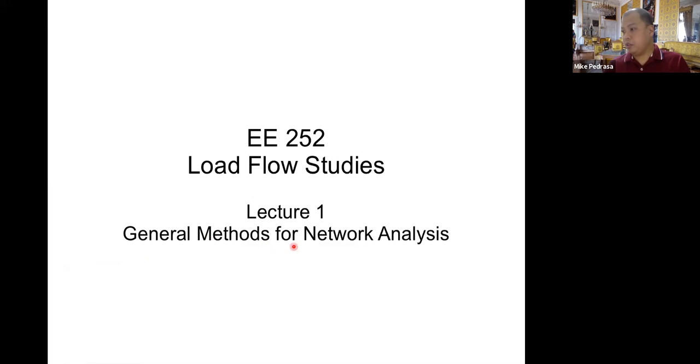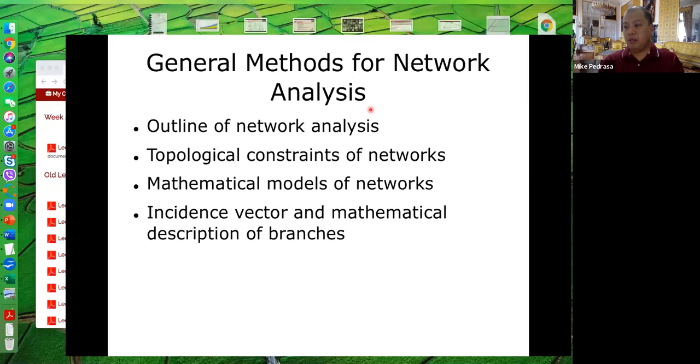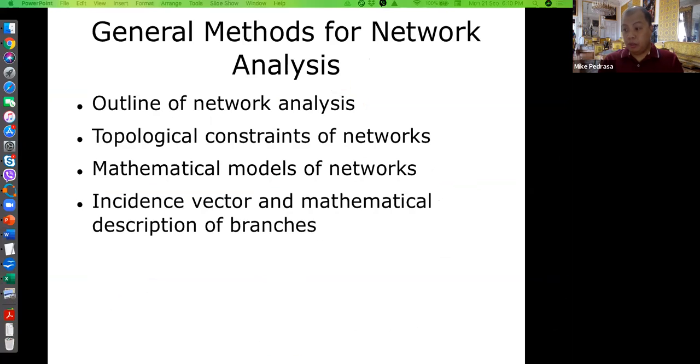Okay, so let's move on. The outline for tonight is an outline for network analysis. Then we'll talk about network topology, some definitions, some examples, and then mathematical models of networks.